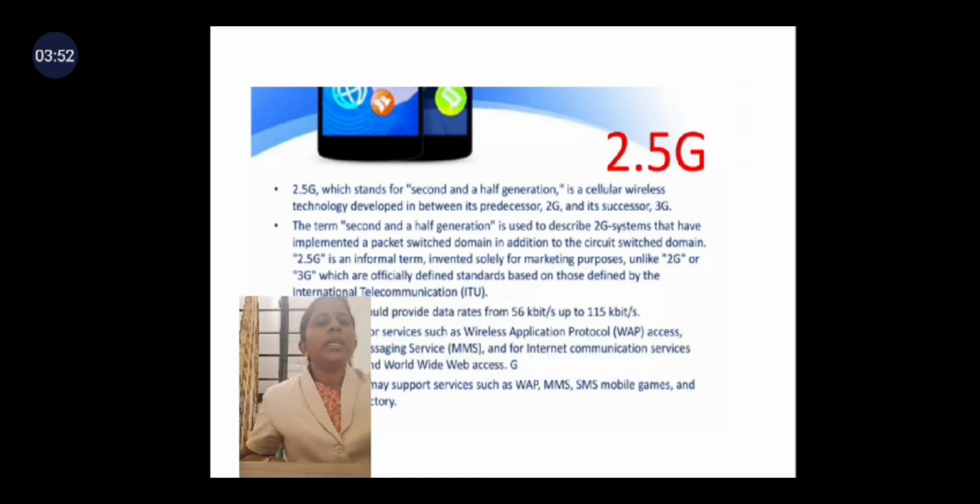It is a successor of 2G and predecessor of 3G. It is mainly used for marketing purposes, and the standard involved in 2.5G is from the International Telecommunication Union. It has a data rate of 56 kilobits to 115 kilobits per second, and it has services such as wireless application protocol, messaging services, internet mobile communication services and World Wide Web access. It also supports services such as WAP, MMS, SMS, mobile games and so on.